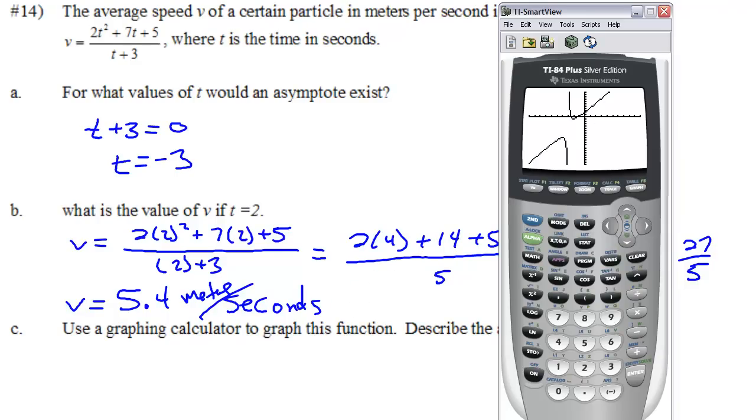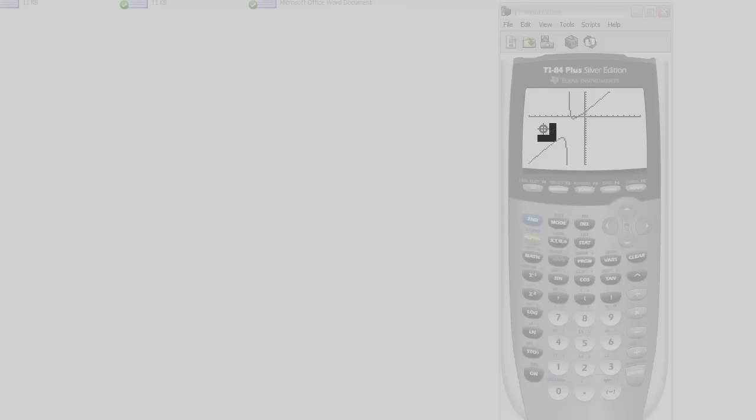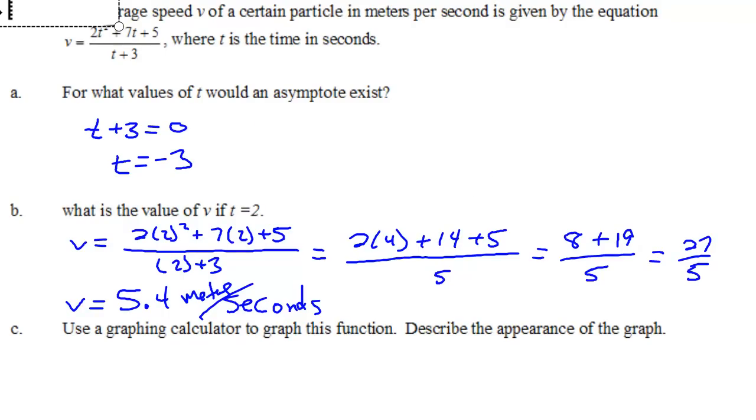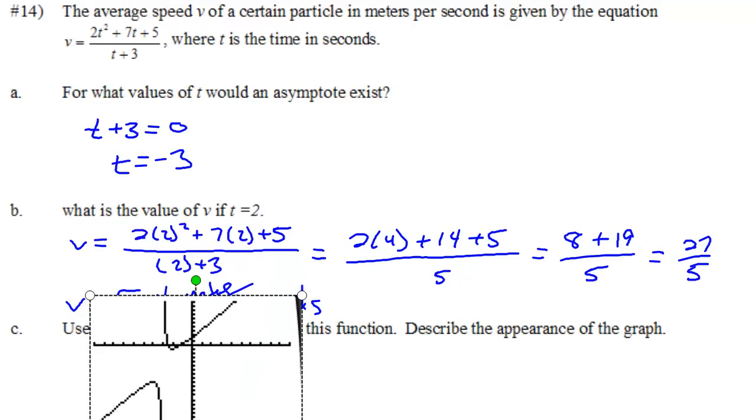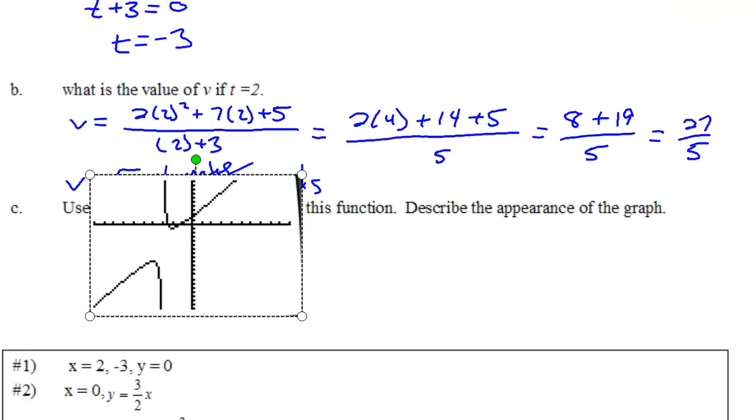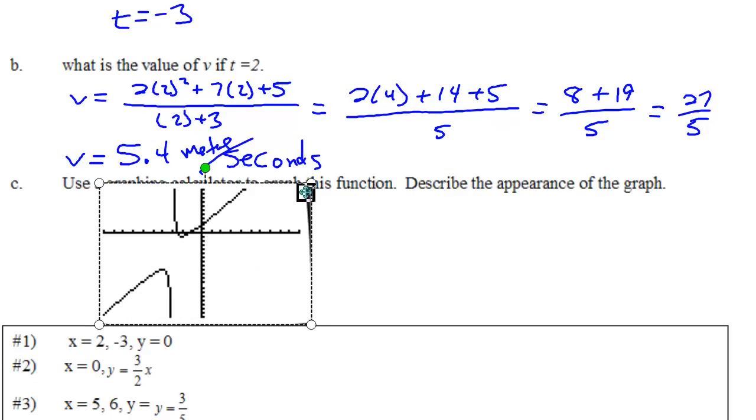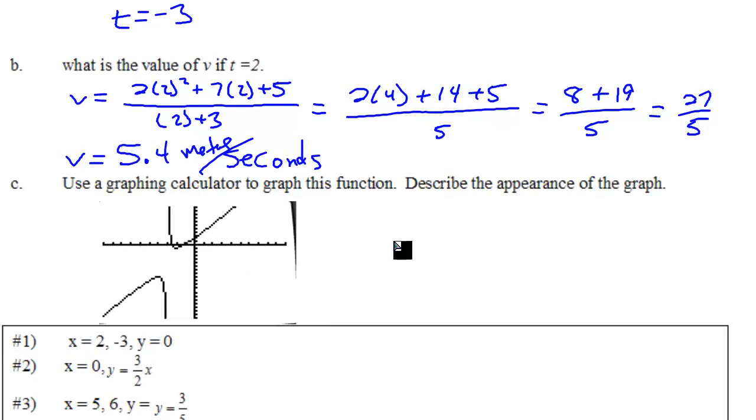So part C says, using graphing calculator to graph this function, it looks something like this. Describe the appearance.